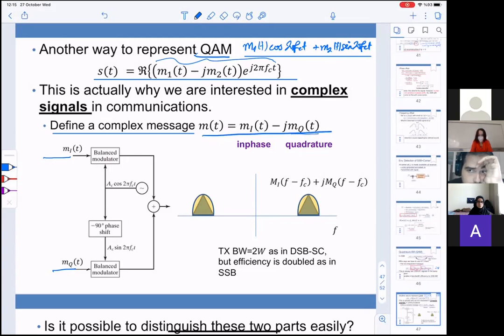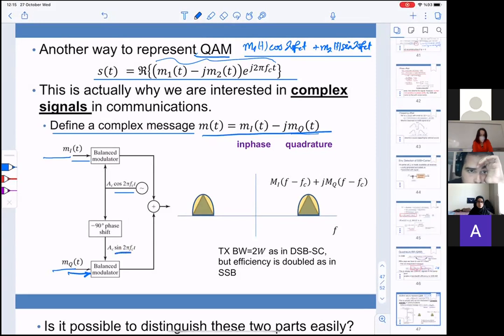All right. So what is the system diagram? mi of t comes in here. mq of t goes in there to a modulator. And we have a cosine mixing with the in-phase branch.